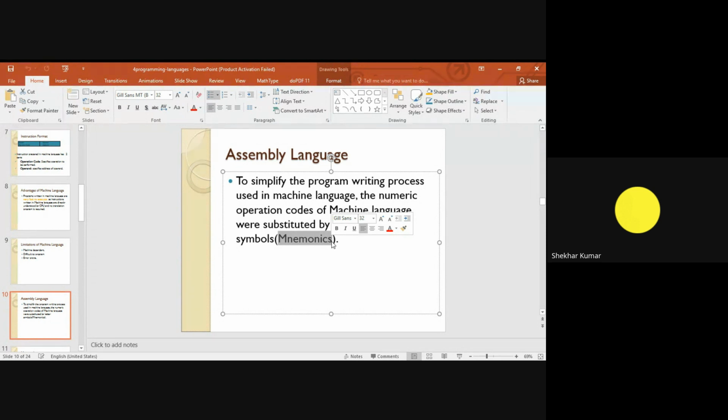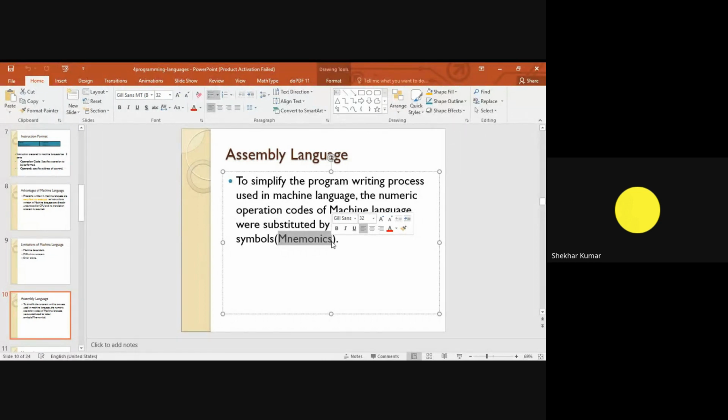To understand assembly language, the computer must require an assembler, because this language is not directly connected to the machine. So there is a requirement of an assembler, which sits in between the assembly language and the computer system to convert the assembly instructions into machine instructions, because the computer only understands machine instructions.